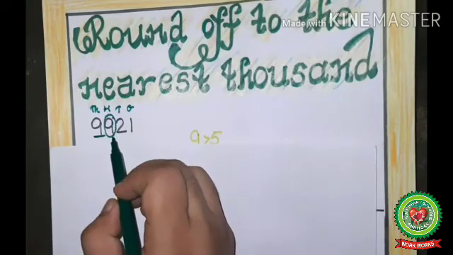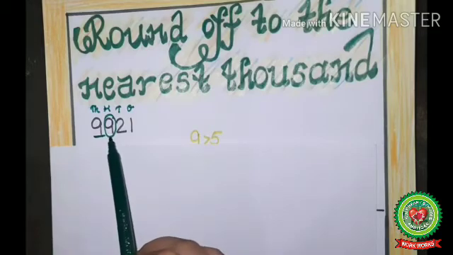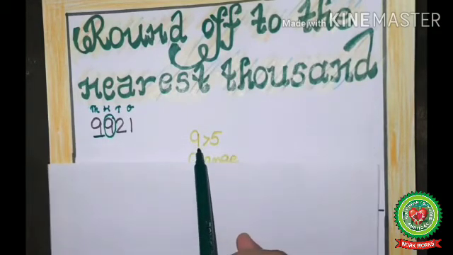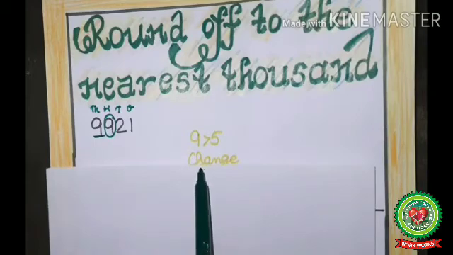That means 9. Now what is the next step, students? Next step is do comparison. So we will compare this circled digit, that is 9, with 5. Now 9 is, yes, greater than 5. Greater than 5 means change.